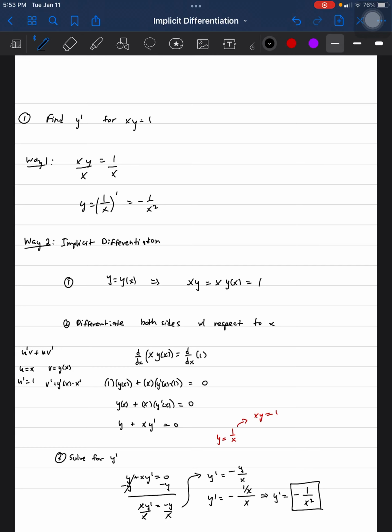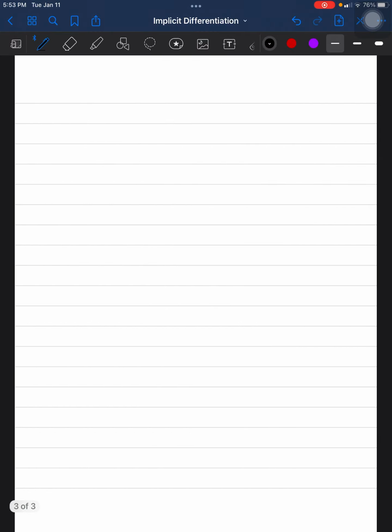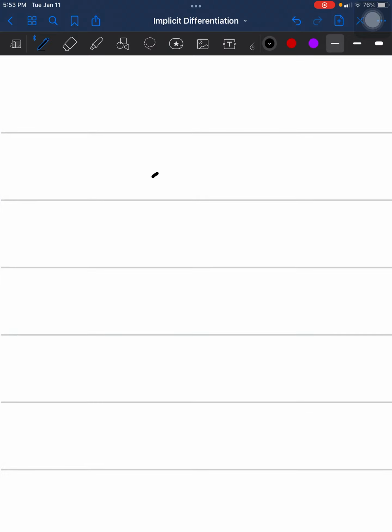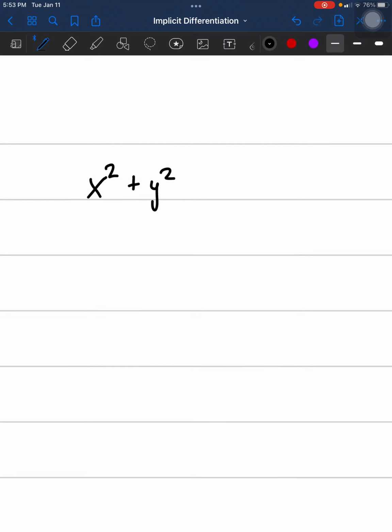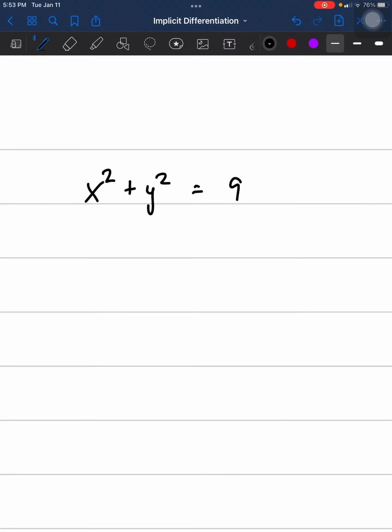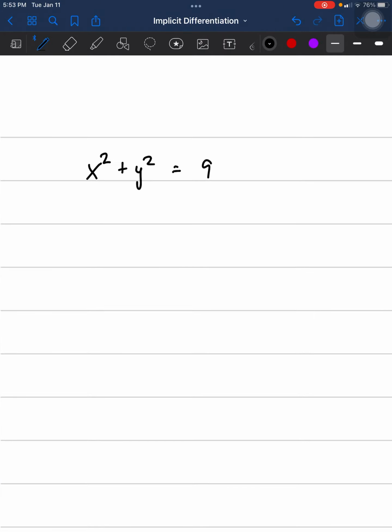However, there are more complicated problems, and this shows up all the time in implicit differentiation, so we need to make sure we know how to do them. The problem I'm talking about is basically where there are two different variables on the same side again, and it's set to a certain number or another variable, but we're going to keep it a little simple.